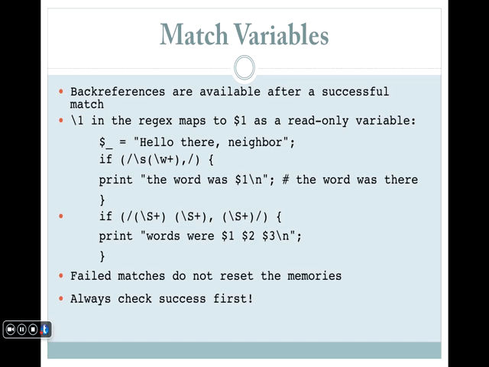Then I have a regular expression that says \s(\w+),. What we are doing here is looking for a single white space character, and then one or more word characters, alphanumeric or underscore.